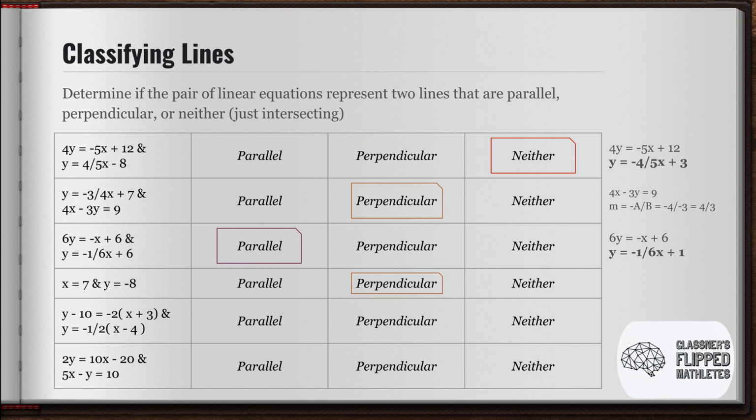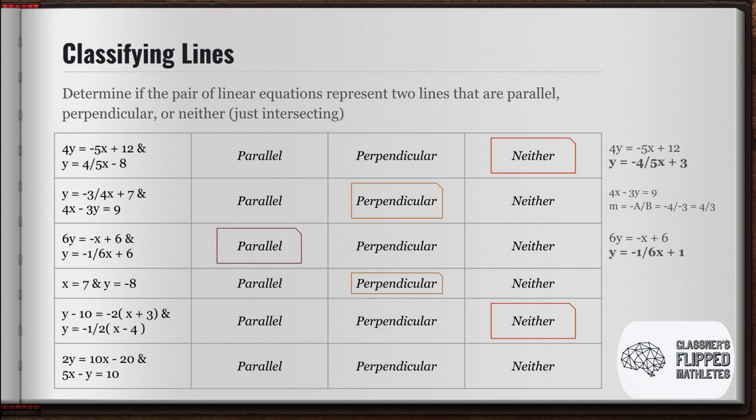But we don't really care about that. We just need to compare the slopes. Because the first one's in point slope form, you have a slope of negative 2. Second one, you're going to have a slope of negative 1/2. And negative 2 and negative 1/2, what's going on there? Well, those are neither. They're reciprocals, but they're not opposites. They're both negative, so these are neither.